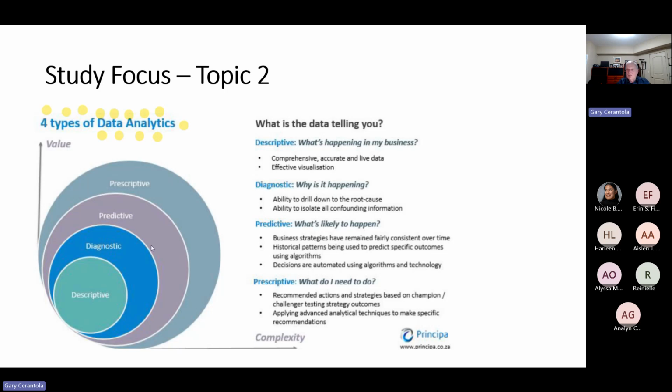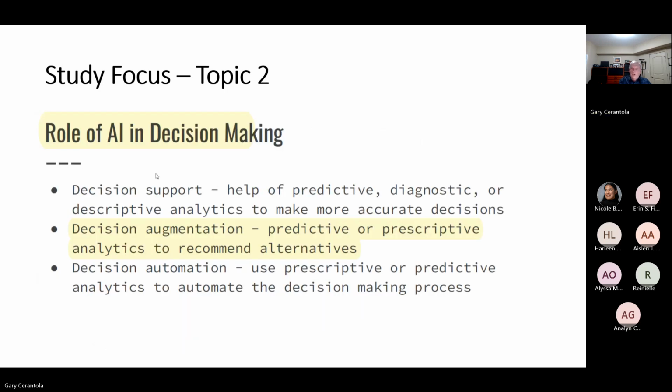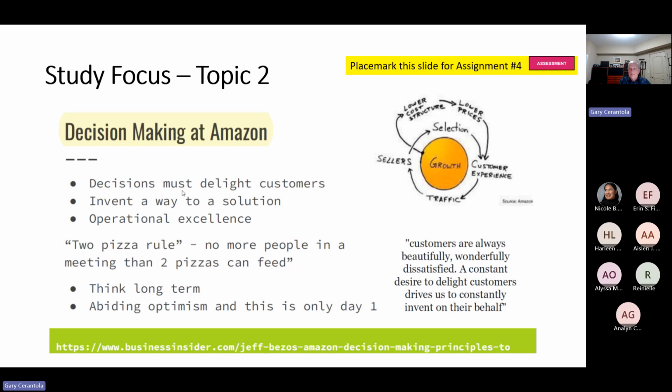So that's what this is all about, and that's where AI is going. The more it goes from a tool to an agent, the more it's going to be on the prescriptive side. So the role in decision making is all about decision augmentation, using predictive or prescriptive analytics to recommend alternatives.